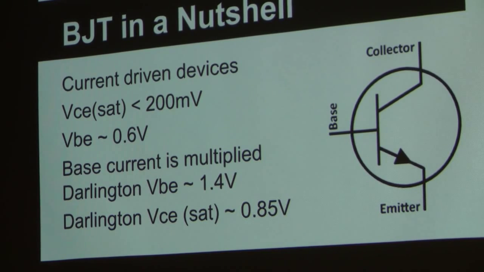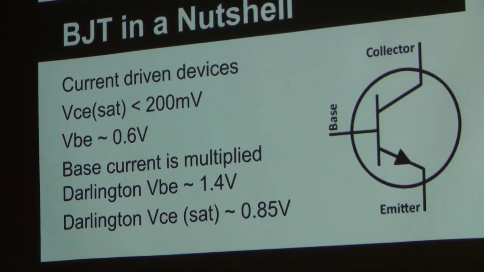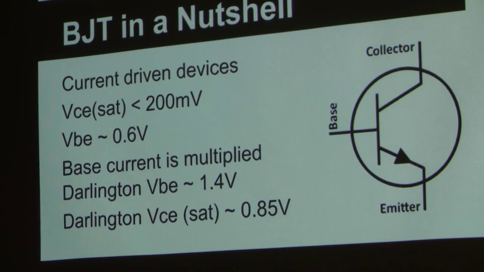There are Darlington devices that actually use one transistor to drive the next transistor, and they have a couple of glitches to them. They can let you drive very high currents with very low drive currents, but you do need a higher drive voltage, where you can drive a regular NPN with any voltage above 0.6 volts. With a Darlington, you need at least 1.4.